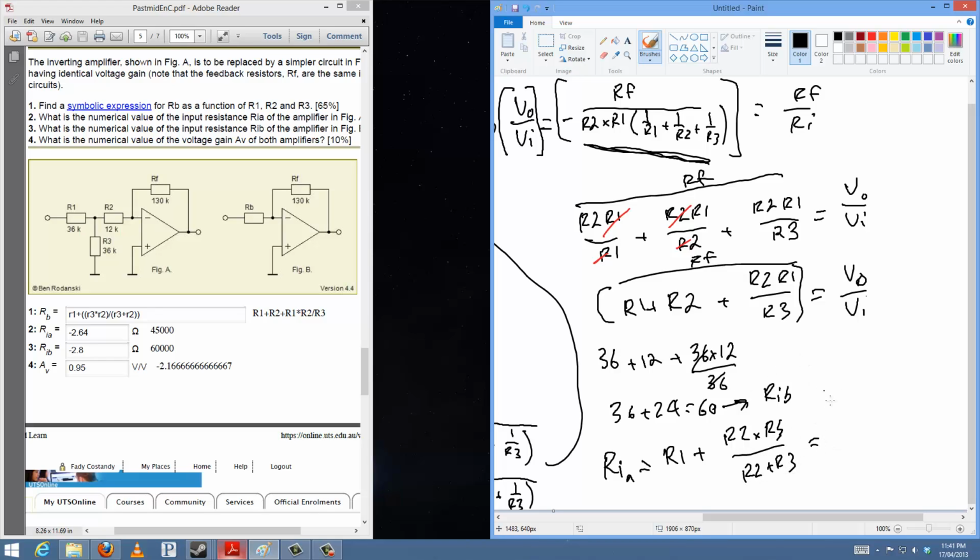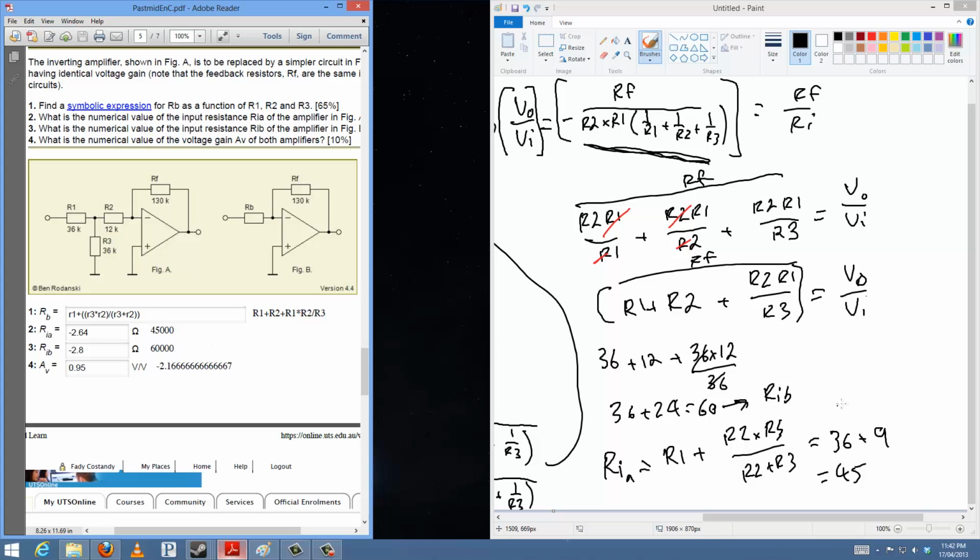If we calculate that numerically, 36 plus 36 times 12, 432 divided by 48 is 9. 36 plus 9 is 45, and we see that here, 45,000, excellent.